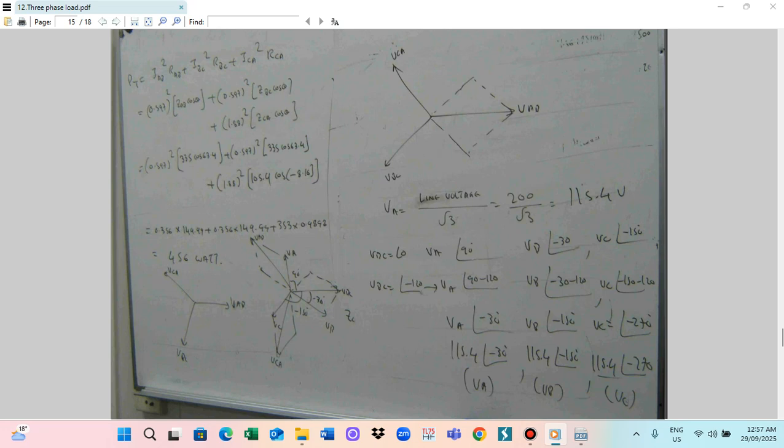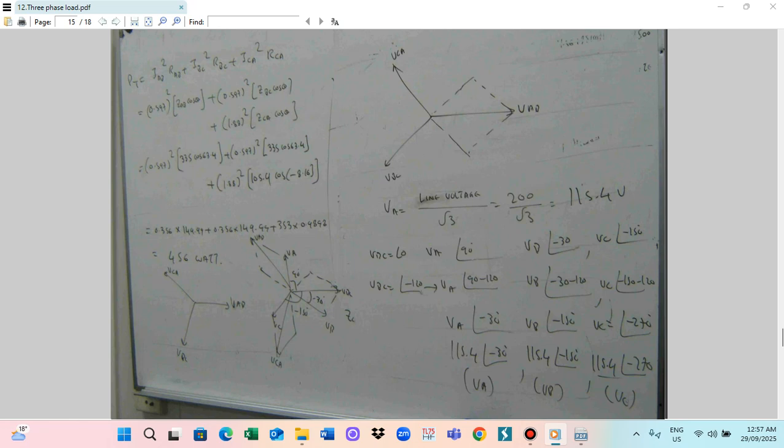Now how are the things related? Firstly you have to calculate the magnitude. VA, VB, VC are the phase voltages; VAB, VBC, VCA are the line voltages. The phase voltage is the line voltage divided by √3. So the line voltage 200 divided by √3 gives 115.4. This is the phase voltage.